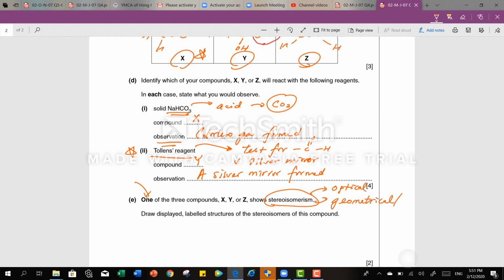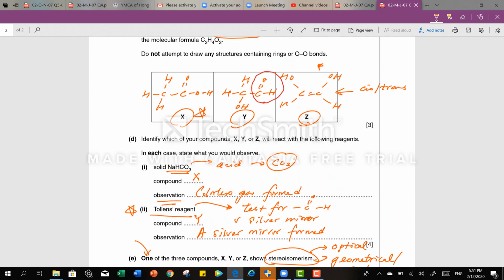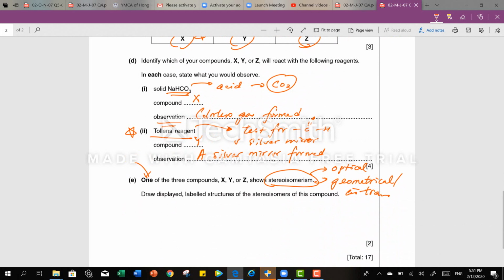The other name for geometrical is cis-trans. As I told you, which one can exhibit cis-trans? Of course, definitely this one, right? So you can place the OH on the same side, then this is cis, okay? And then you can place it on the opposite side, and this is trans.